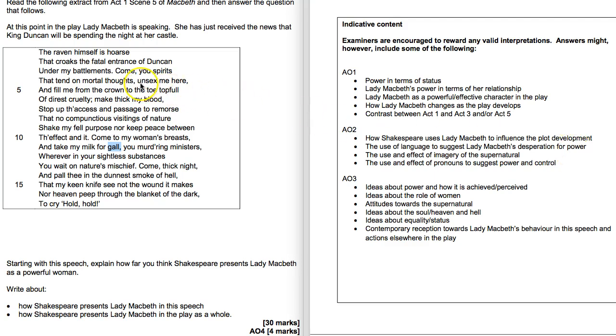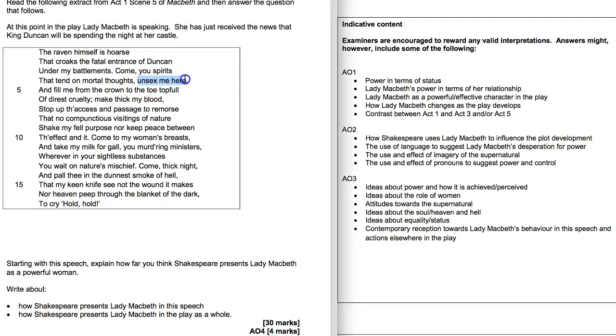Next, I can look at the language that suggests Lady Macbeth's desperation for power. Well, again, I can link that to the "unsex me" here. The psychological damage that would do from going from being a woman to being a man. Literally a sex change that happens if we take the idea that the spirits are supernatural. That will happen immediately.